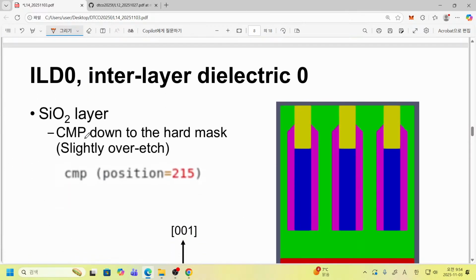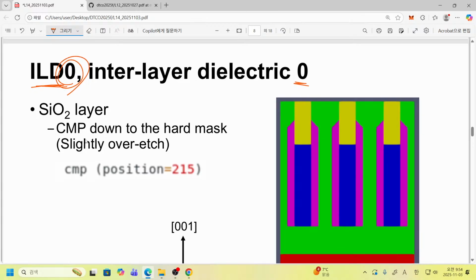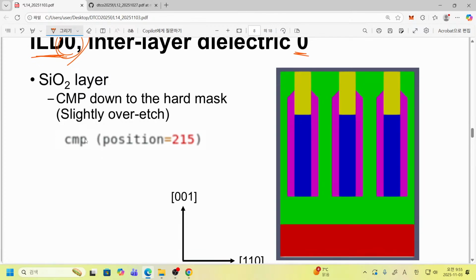That is just covered by a layer called interlayer dielectric, and this number corresponds to the order of appearance. Since this is the very initial one, it is typically labeled with number 0, so ILD0. Then what actually happens?